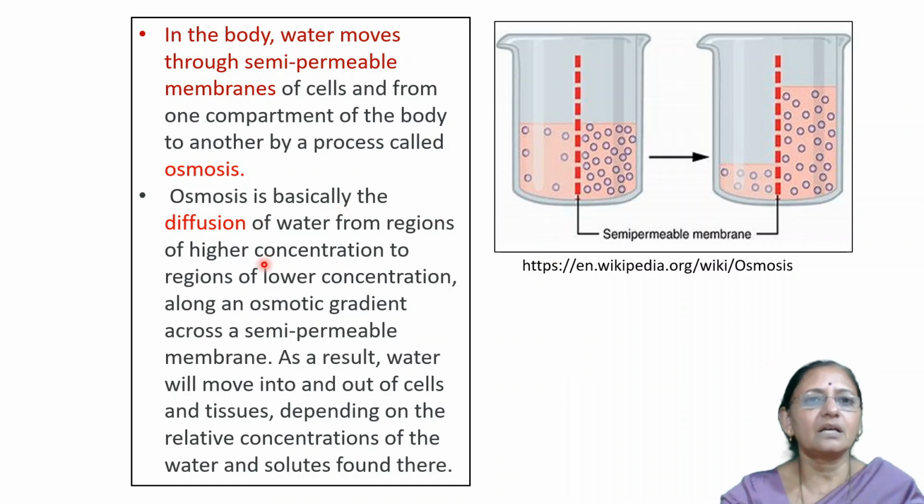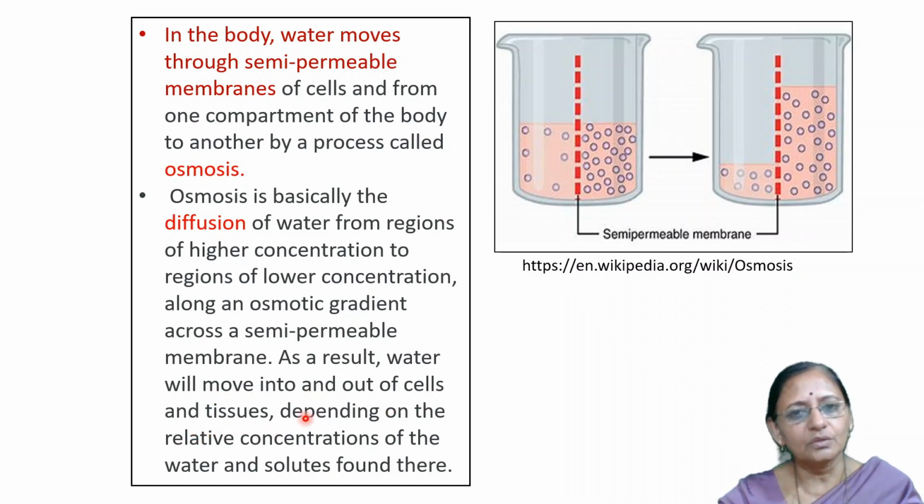Thus, water moves from high concentration to the region of lower concentration along osmotic gradients across the semi-permeable membrane, but finally equal ionic concentration is maintained. As a result, water will move into and out of the cell and tissue depending on the relative concentration of the water and solutes found there.